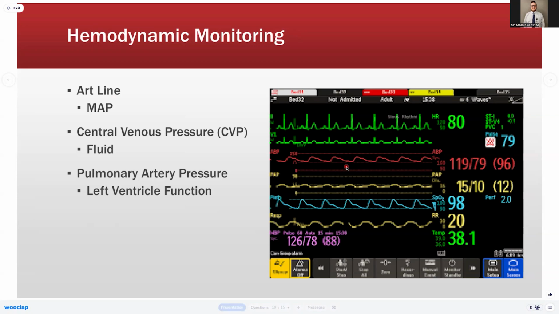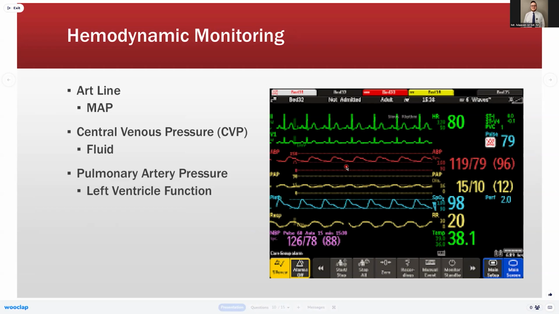A CVP is a central venous pressure monitoring. CVP monitors pressure in the vena cava or in the right atrium. That should be around 2 to 8 millimeters of mercury because it's low. The pressure in the vena cava is the lowest in the whole vascular system. Too much fluid volume with right side heart failure is going to cause the pressure to be much higher, maybe 6, 8 and higher CVP.